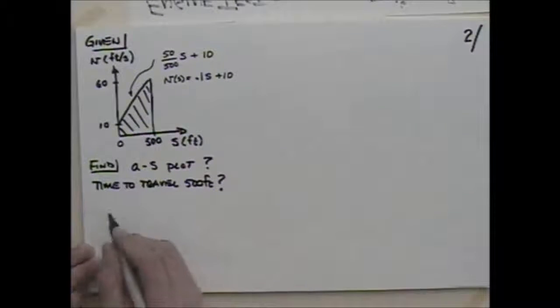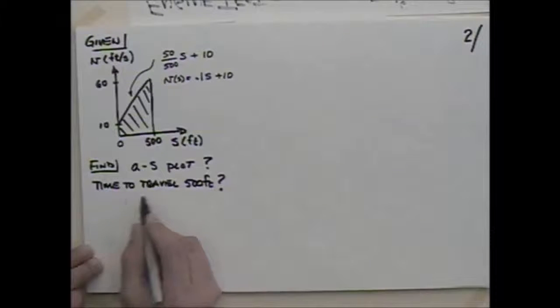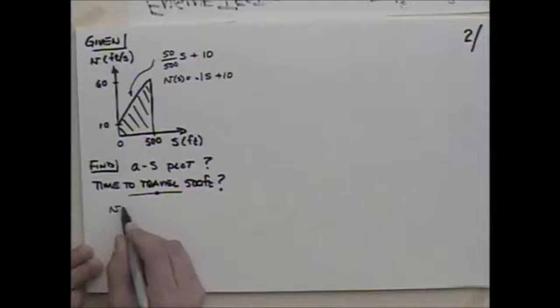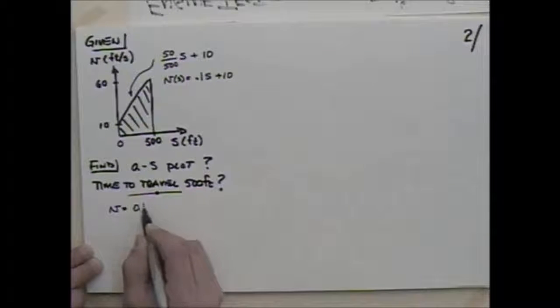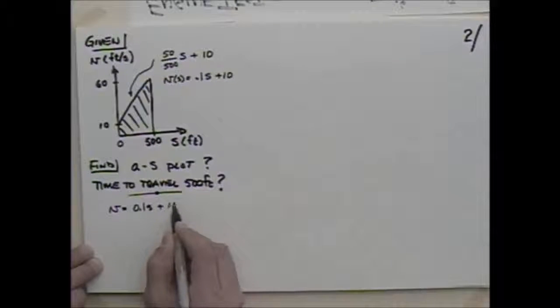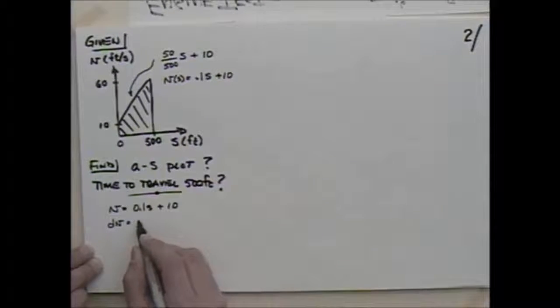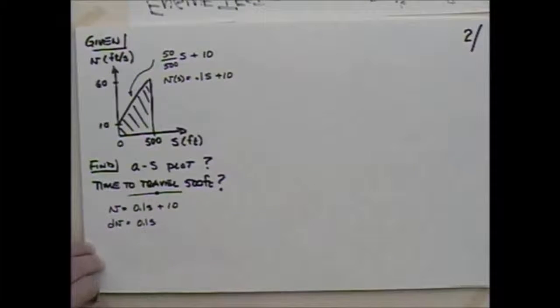So let me start with that expression. I'll come down here and I'll work on this and say that then v is equal to 0.1 s plus 10. And I'm going to differentiate that. I'm going to say that dv is equal to 0.1 ds plus 0. Of course, when I differentiate it, the 10 goes away.